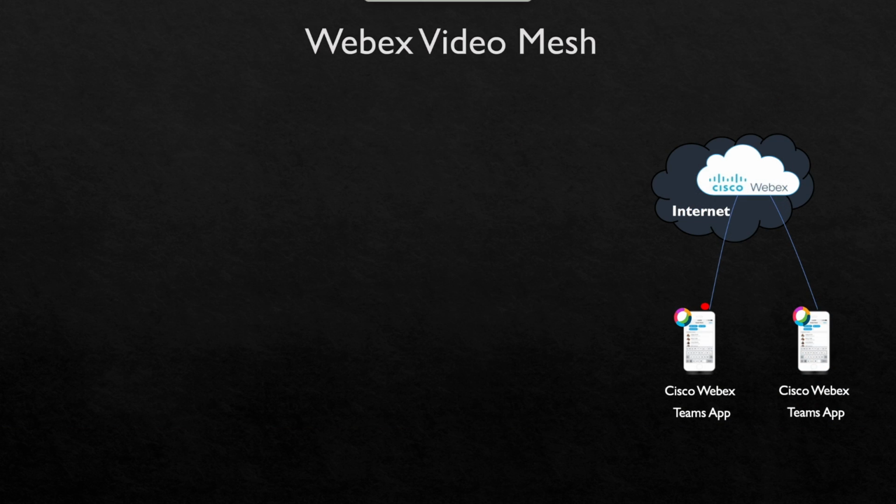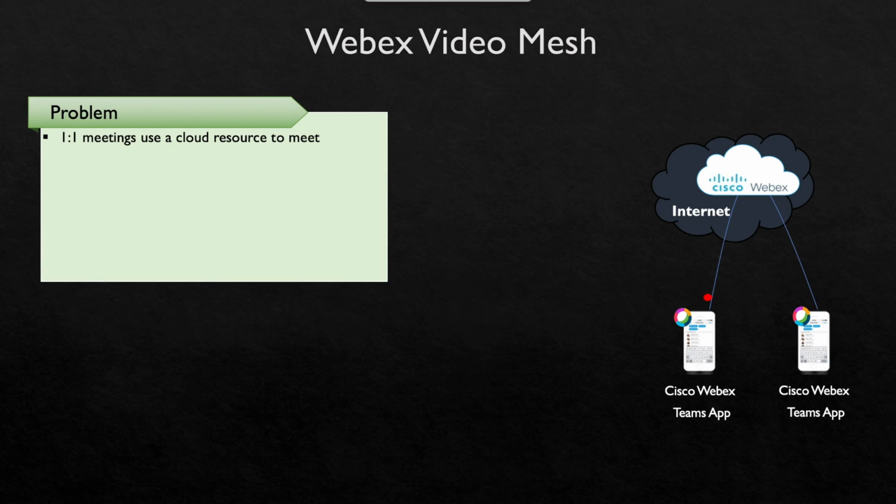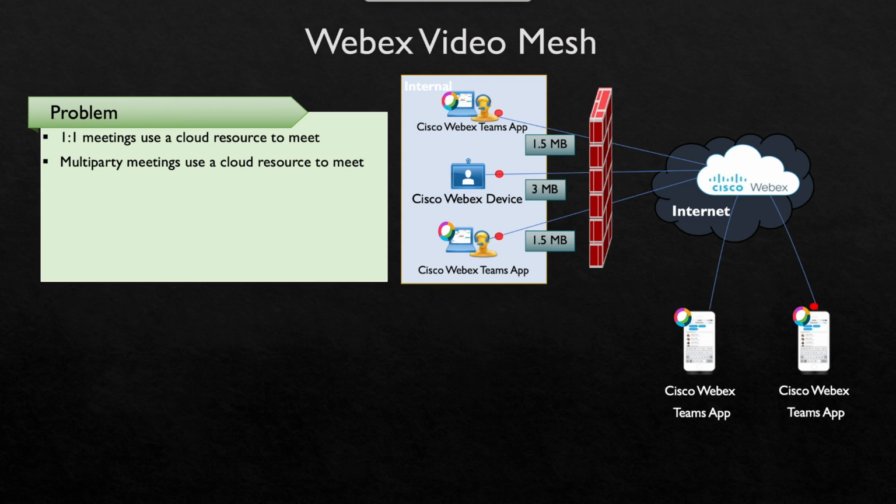Now, there are several issues that the Video Mesh solution resolved. Prior to Video Mesh, when meetings were hosted through Webex, there were a lot of communication streams traversing out to the cloud. And this could cause network congestion at the corporate network edge, and a lot of bandwidth was being consumed as well.